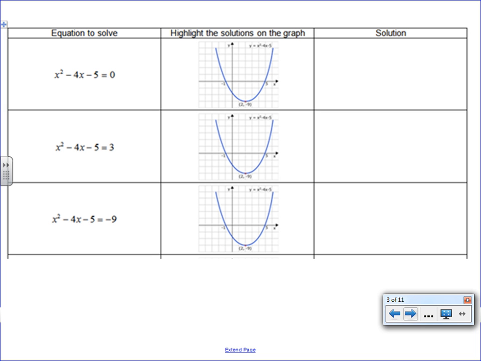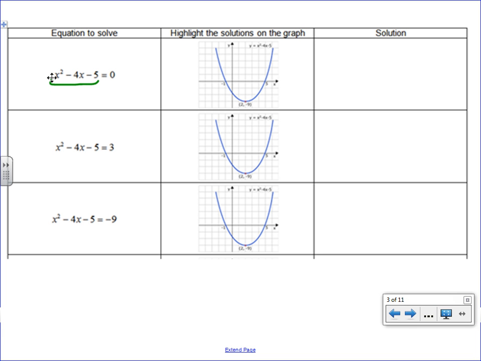Okay, you've got an exercise in your packs, which hopefully will lead you to understand how to read from a graph what an inequality is saying. So we've got the same graph every time, x squared minus 4x minus 5. And the first three questions ask you, where is it equal to something? So where is the graph? This is the graph.